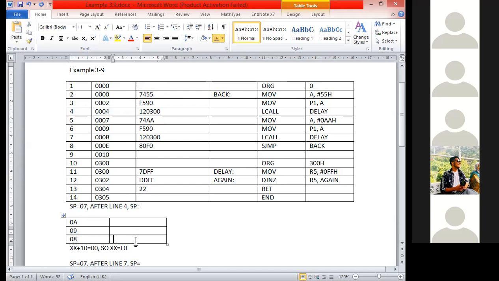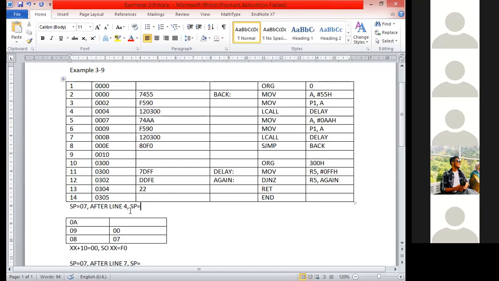So address 08 will contain the lower byte, that is 07, and 09 will contain the higher byte, that is 00. 74AA is the opcode, and this one is the address, and your stack always stores the address. That's why the values in 08 and 09 will be 07 and 00.